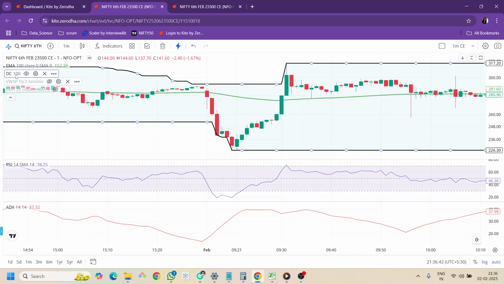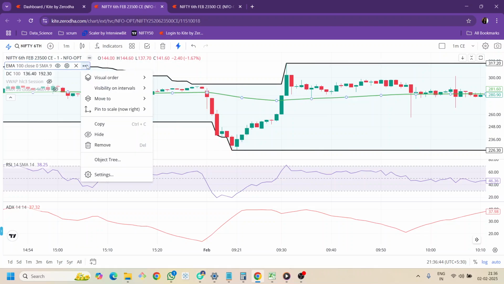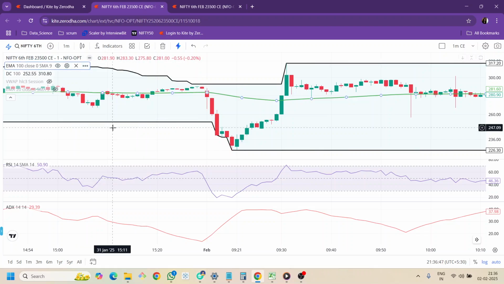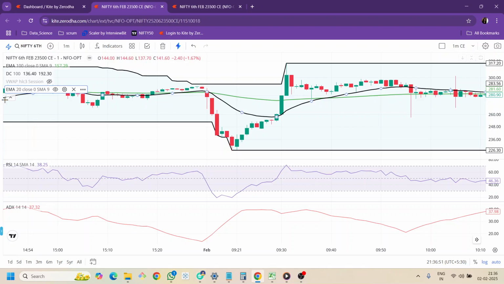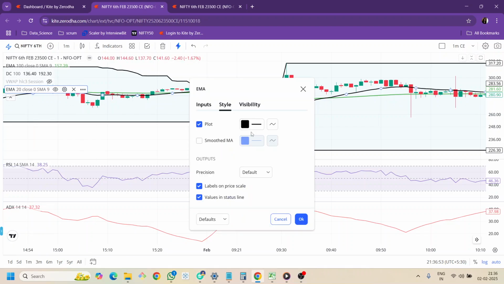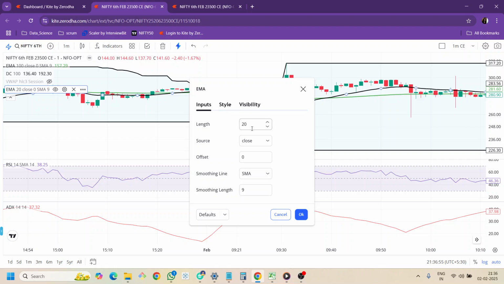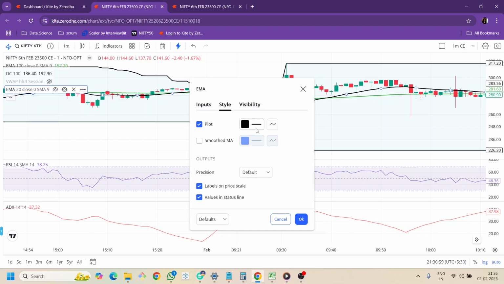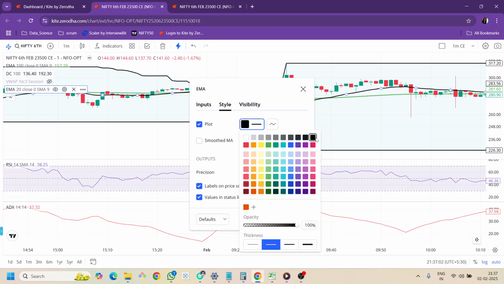Now coming to moving average, copy this moving average and paste it. You will get one more moving average, correct? For this moving average, initially we had 100. Now I'm changing the length to 20 and the style to black, with some thickness.